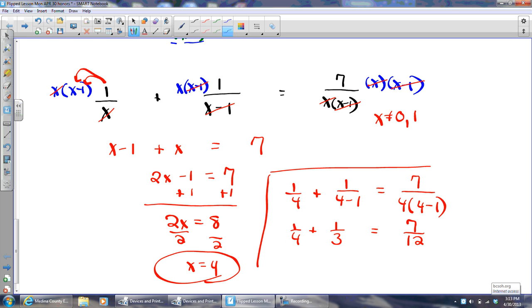It looks like I'm going to multiply by 3, and then I'm going to multiply by 4. And that's going to get me 3/12 plus 4/12. And sure enough, that does equal 7/12. And so I know I got the right answer.